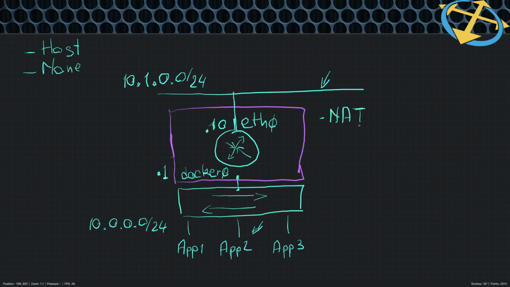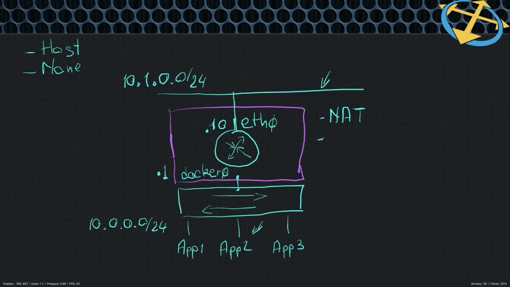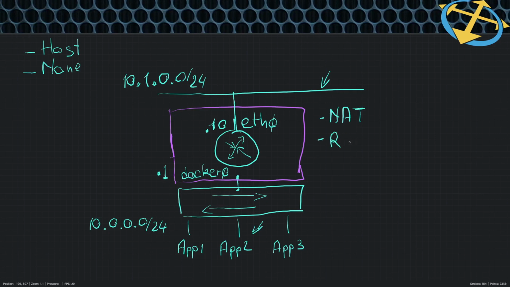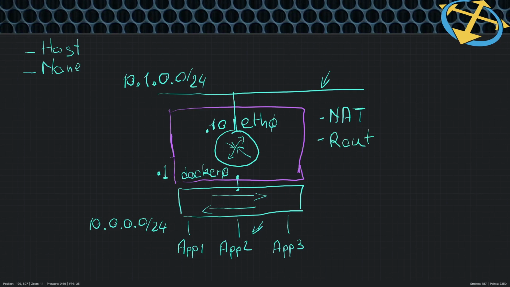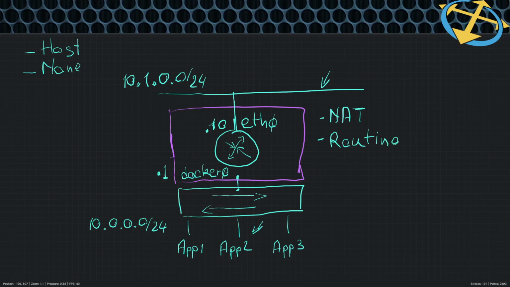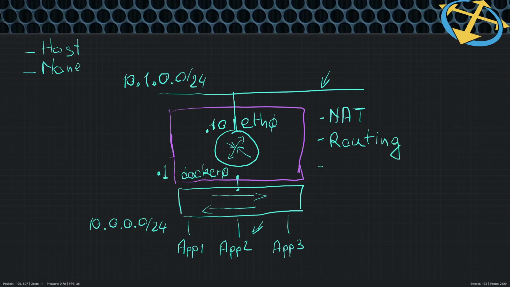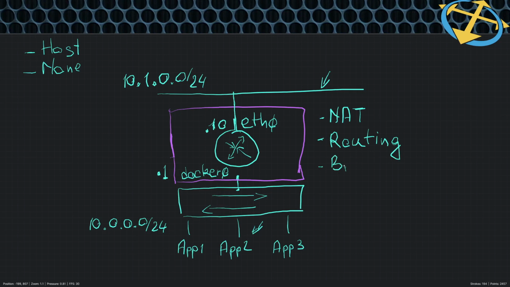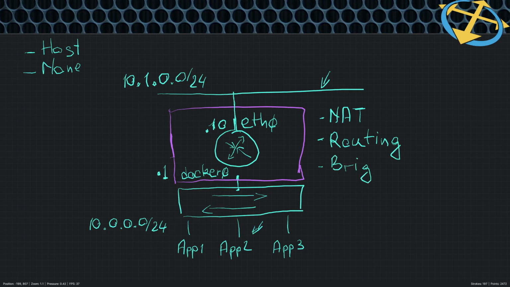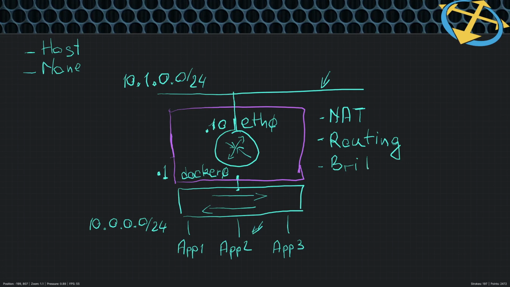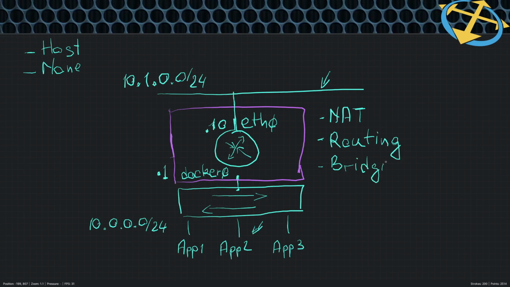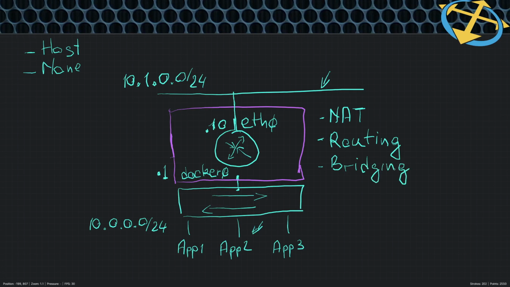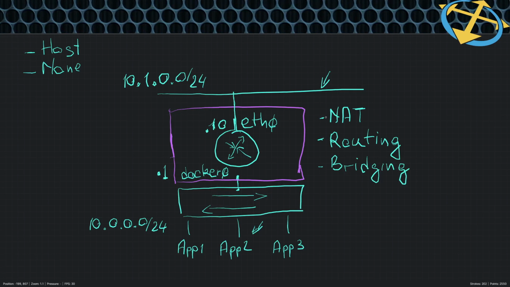So I can do NAT, I can do routing, and I can also do bridging, which may sound a bit weird, but you will see what I'm talking about.